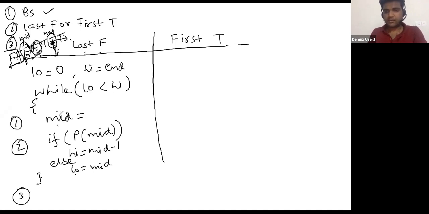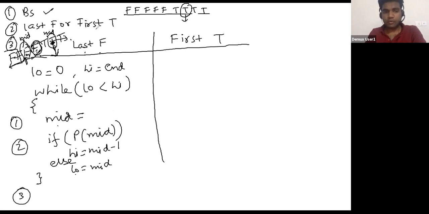Which part, Sharvi, do you want me to repeat? The true or the false or both? I just evaluated the predicate at the mid. This is my search space, and I know that my search space is of this pattern: FFF, TTTT. Let's say this was the mid and it evaluated to true.